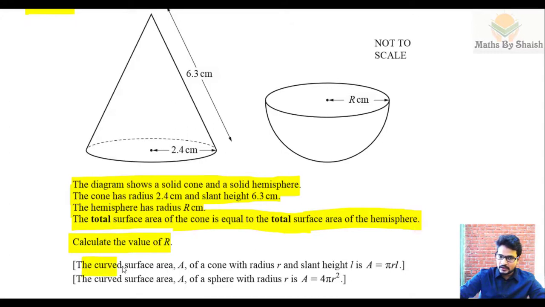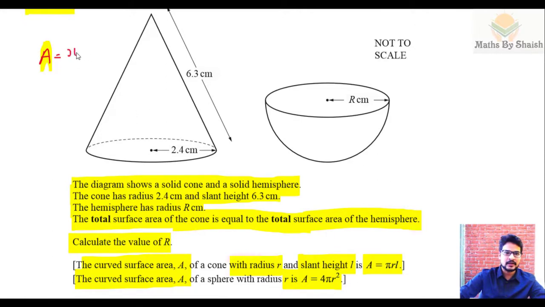Anyway, they have provided the curved surface area of the cone with radius r and slant height l as pi rl, which we already know, and curved surface area of a sphere with radius r is 4 pi r square. So we are going to use these things to find the value of r. So from here, for the cone the curved surface area is pi rl.